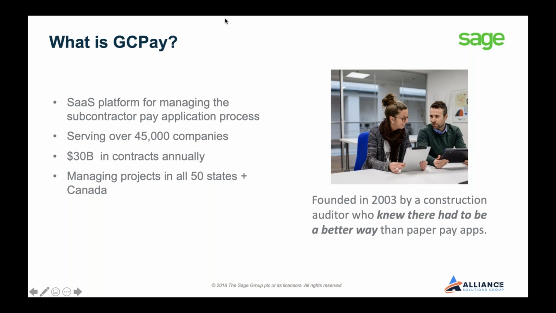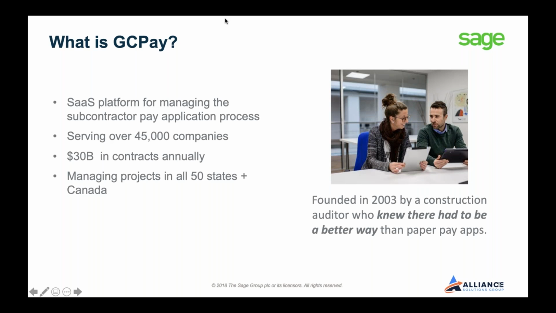One of my favorite things about GCPay is our founding story. We were technically founded in 2003 by a construction auditor, and his job was to audit commercial general contractors like a lot of yourselves. I think he was doing it for maybe 2 or 3 years, and then he said there has to be a better way than the paper payout process.